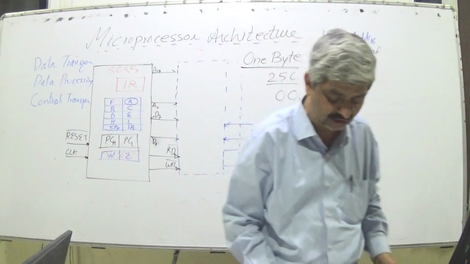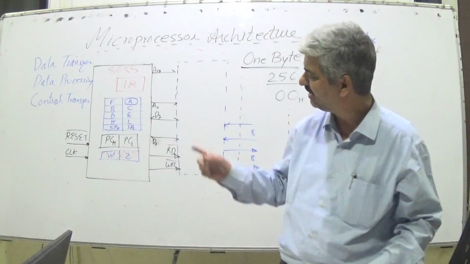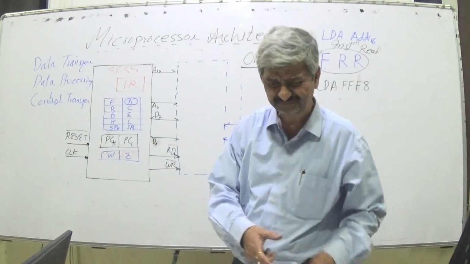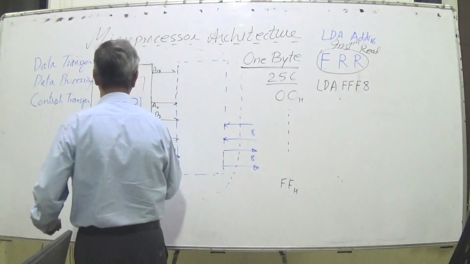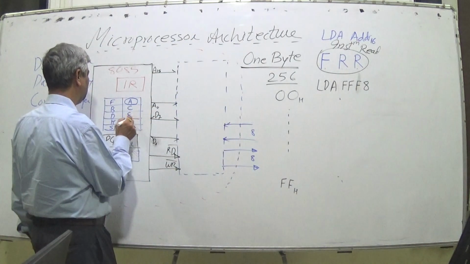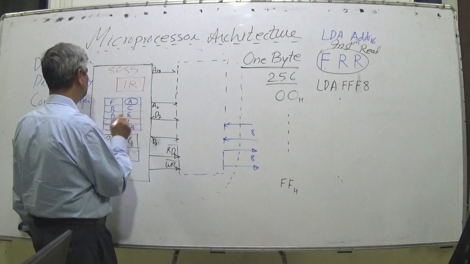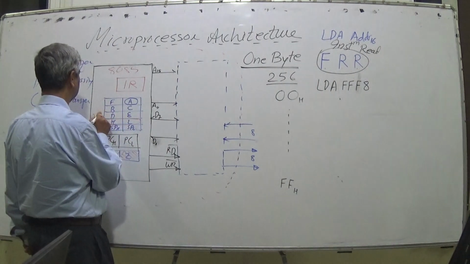There is one more, called indirect addressing mode, and out of these various registers, some registers are used for some purpose. That is, the H and L register pair is used for indirect addressing.